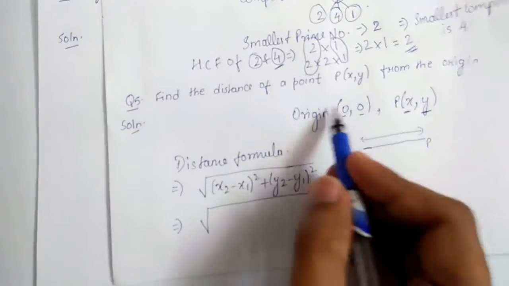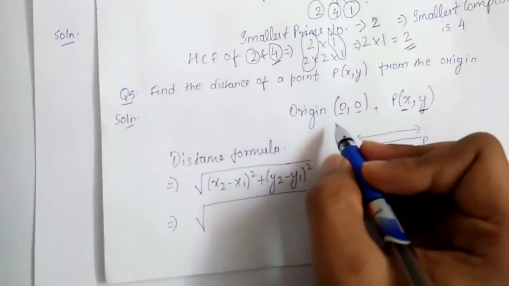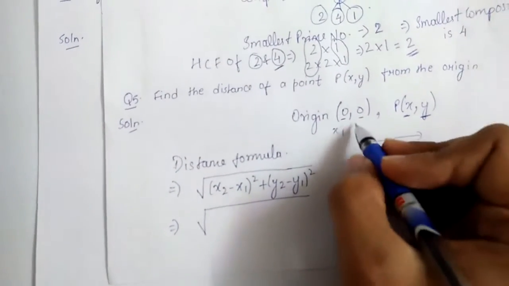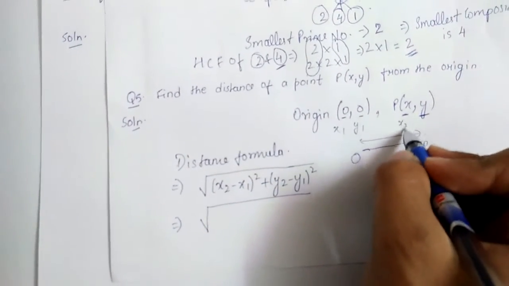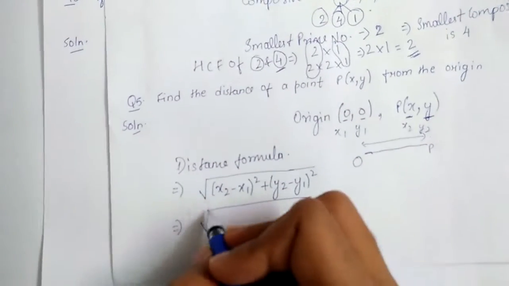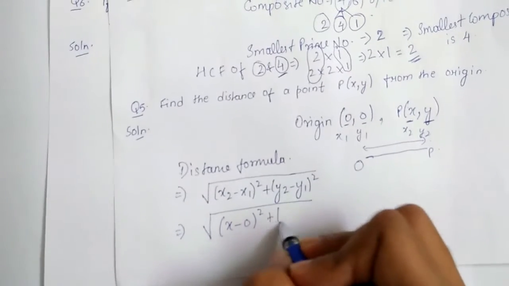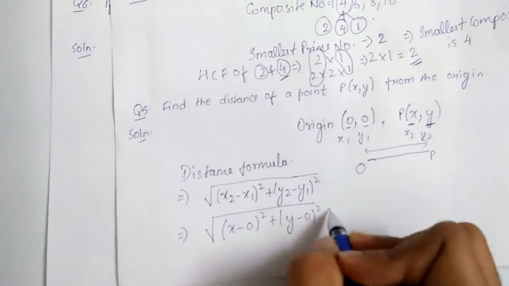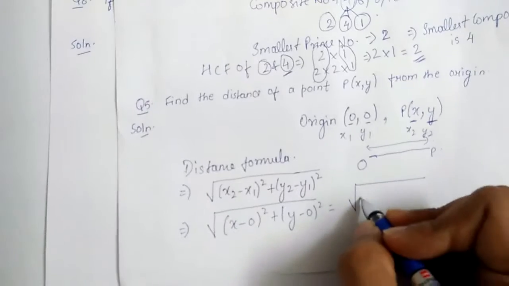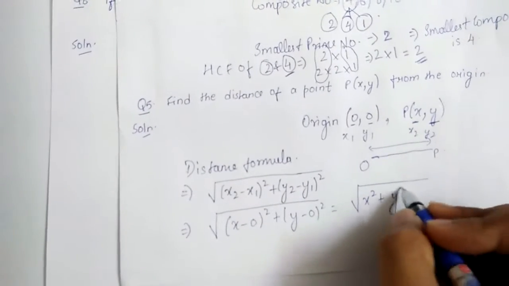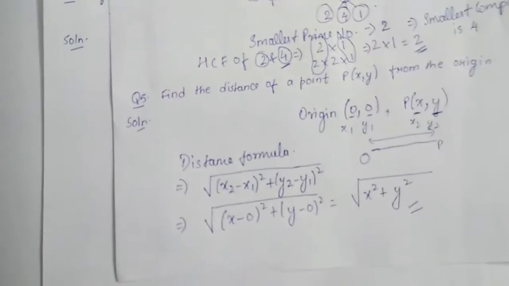You can take any one as x2, any one as y2. Let's suppose this is x1, this is y1, this is x2, and this is y2. So we get x minus 0 whole square plus y minus 0 whole square, so that will be under root x square plus y square. This is the answer.